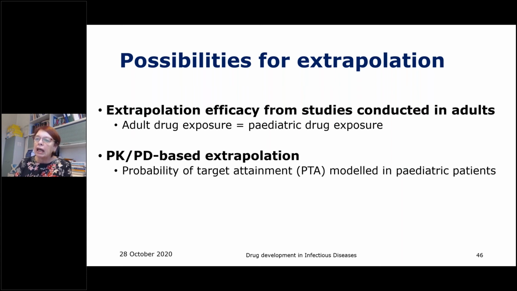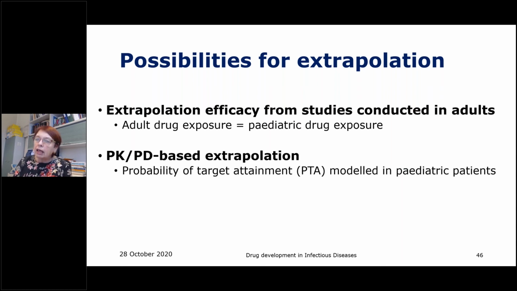Basically, if the disease in children and adults is similar, then by getting the same drug exposure in pediatrics, in most cases the same AUC, we can avoid doing efficacy trials in children. We just extrapolate the efficacy, and in some cases we can even extrapolate safety, as I will come back to.